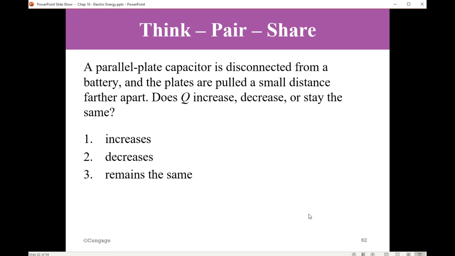Benjamin, any suggestion? So Q is trapped within the plates of the capacitor. It has no way to go. Whether you increase the distance, you decrease the distance, or not, Q will remain the same, right?